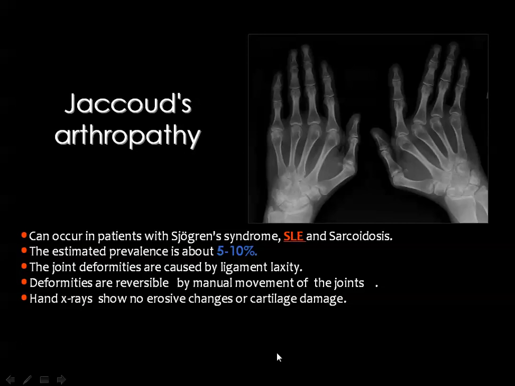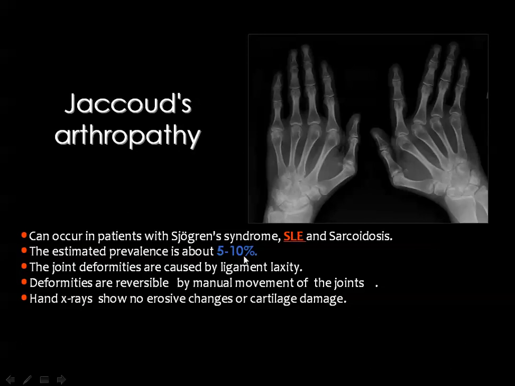And this is called Jaccoud's arthropathy, a condition where systemic lupus erythematosus is one of the diseases that can result in this type of arthropathy, which is nothing but multiple joint deformities without bony erosive changes.